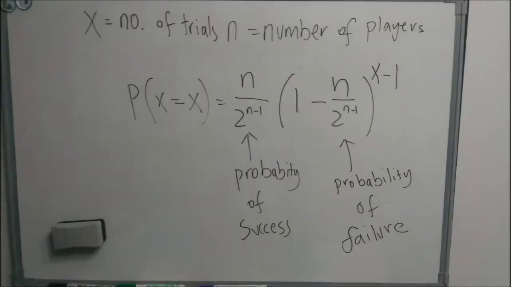So now we know that P(X = x) is equal to n divided by 2 to the power of n minus 1, which is the probability of success, times the bracket 1 minus n divided by 2 to the power of n minus 1, bracket, to the power of x minus 1. Remember, x is the number of trials.